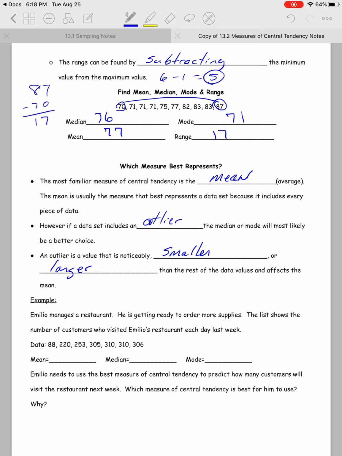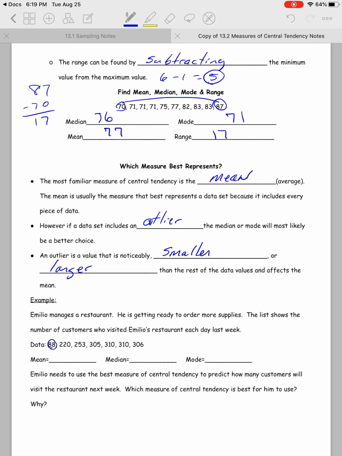Let's look at an example of this. Emilio manages a restaurant. He's getting ready to order supplies. The list shows the number of customers that visited Emilio's restaurant each day last week. Look at the data. Do you see any outliers or any numbers that look different than the rest?